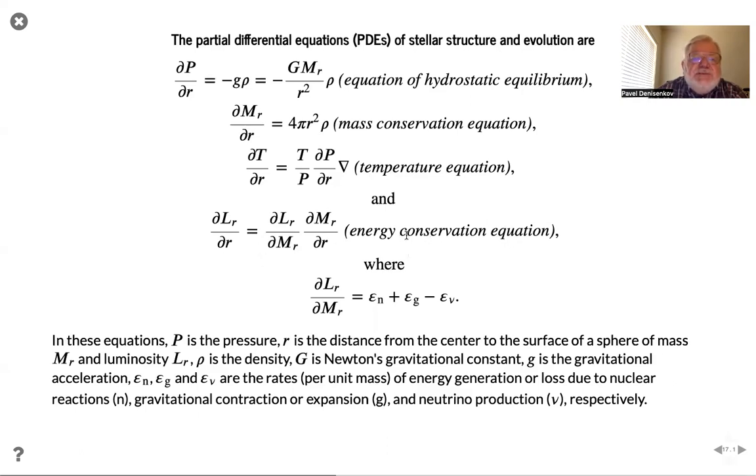It also relates the gradient of luminosity, and this capital L sub r is the luminosity of a sphere of radius r, like the mass enclosed in the sphere of radius r. This is the luminosity at the surface of the sphere of radius small r, and luminosity is defined as the total energy emitted from the entire sphere per 1 second.